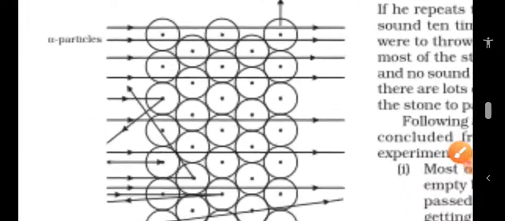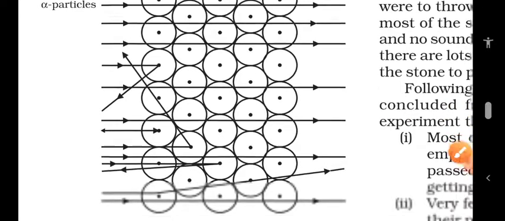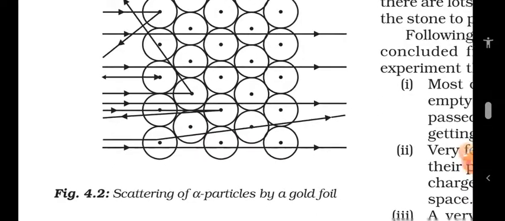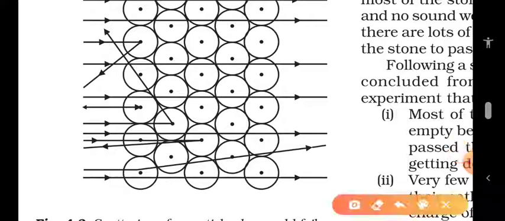Now just look at this diagram. Take this part. Here, so many alpha particles are coming. Let us take one alpha particle as an example. This alpha particle is going towards the center of the gold atom.